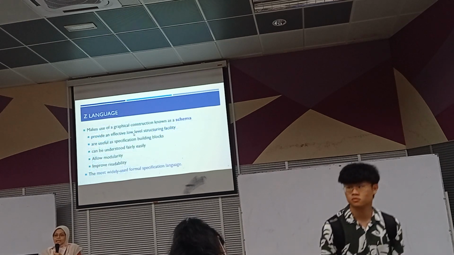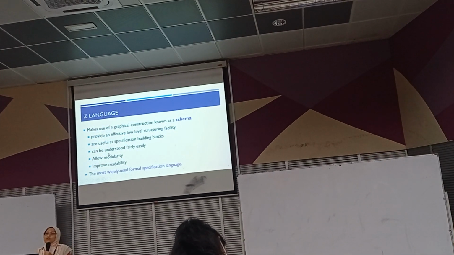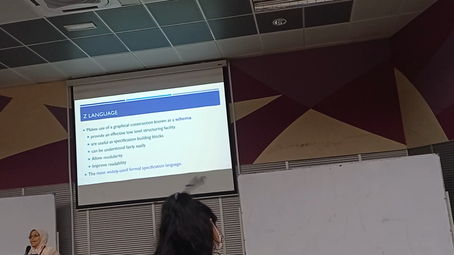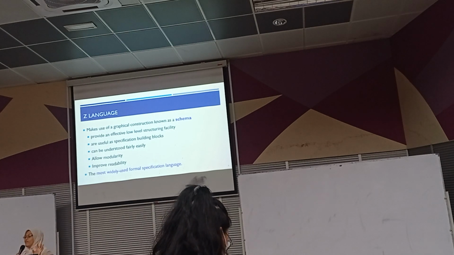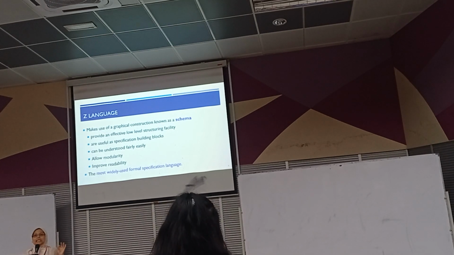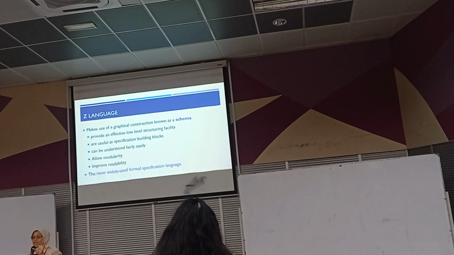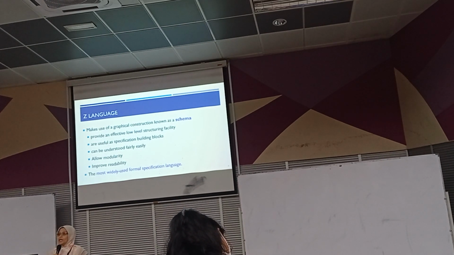Okay, so we are going to use what we call a graphical construction later for our Z language. We call that graphical picture or graphical construction a schema. So that's why later you will see that I will just say Z schema, Z schema, Z schema, because the Z schema is the graphical construction of how we are going to represent our specification later.